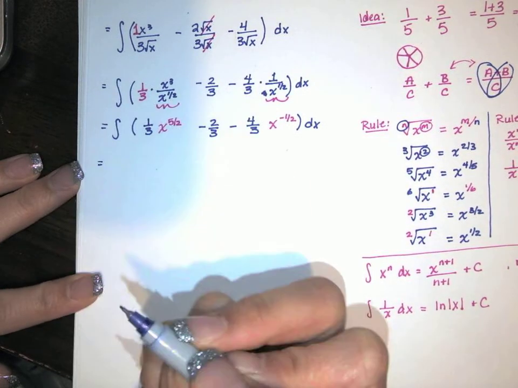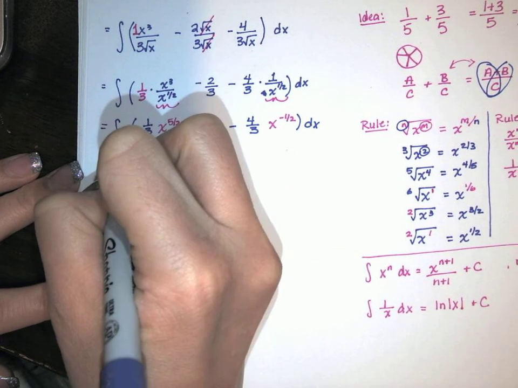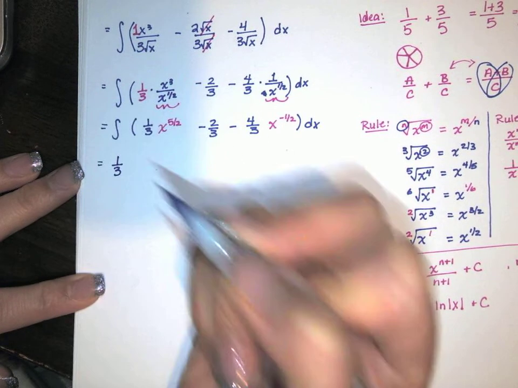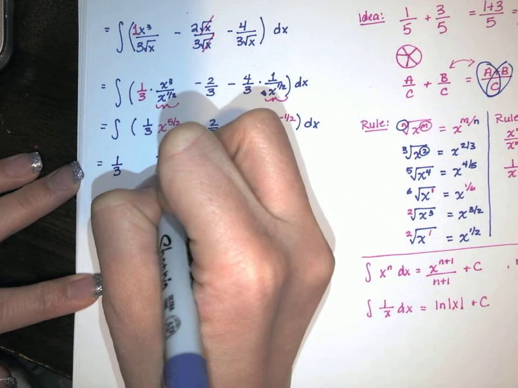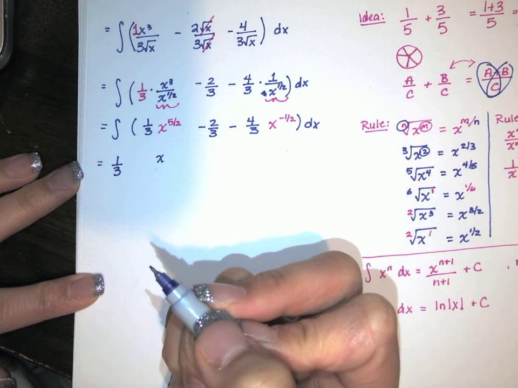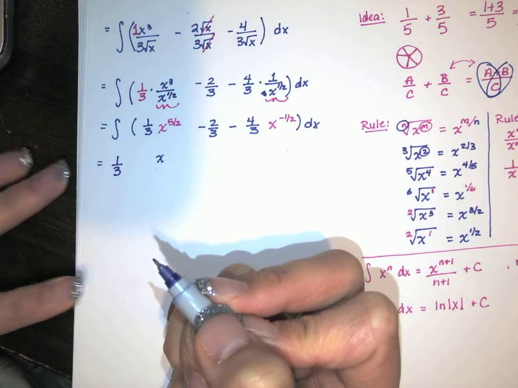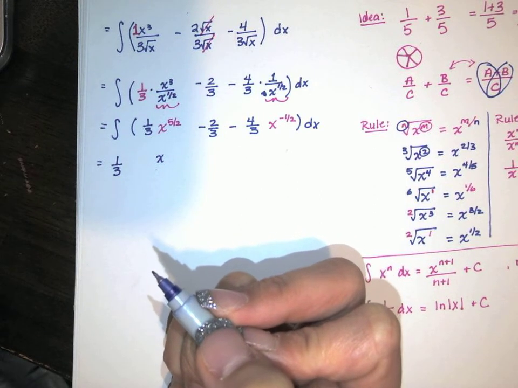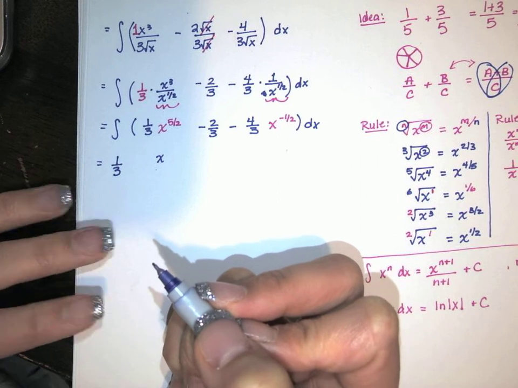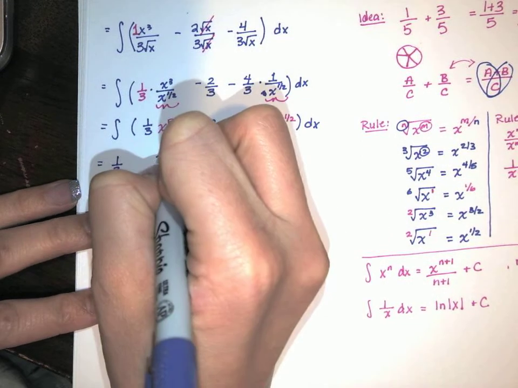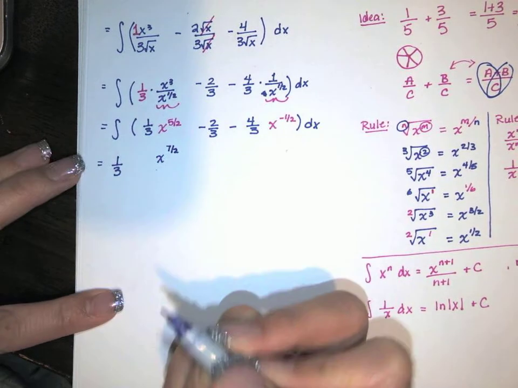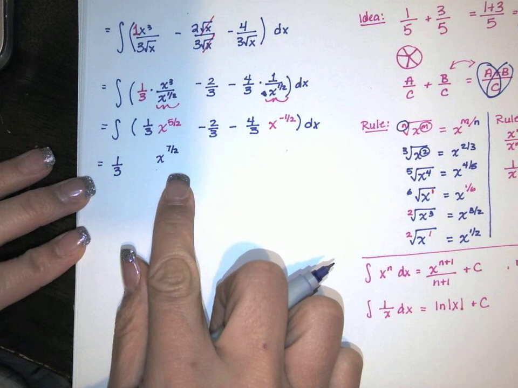So now we are ready to apply our basic rules. I've got a constant times x to some power, so I'll apply the power rule. Bring your constant down. Then add 1 to the exponent. 5 halves plus 1 is 5 halves plus 2 halves, so 1 is 2 over 2. 5 halves plus 2 halves is 7 halves. And then you want to divide by the new exponent.